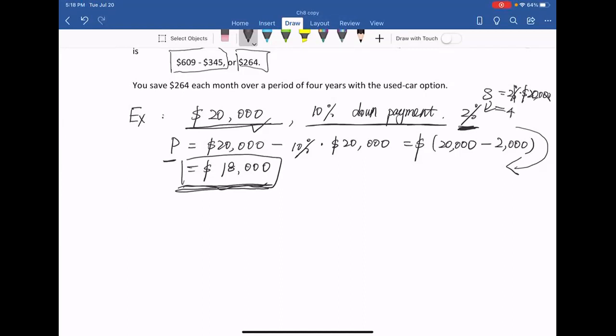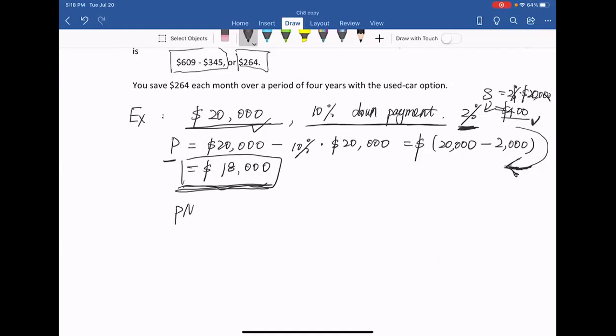It's $400 you need to pay. So this is maybe what the question will ask you. If the question didn't ask you, you don't need to worry about this. The processing fee will not affect the P, the loan you borrowed from the broker or the bank.